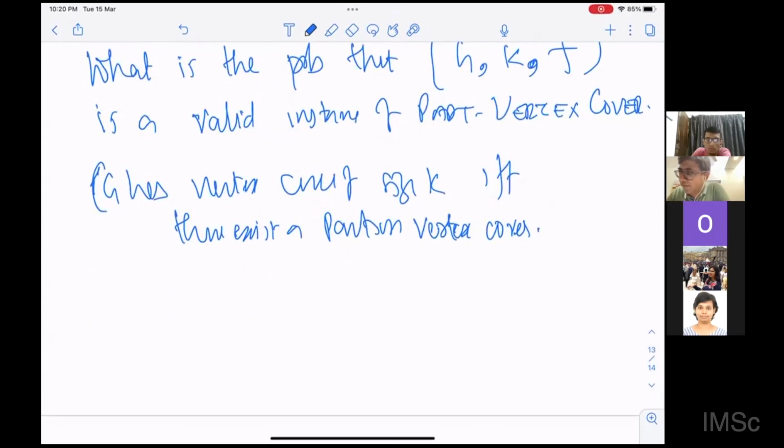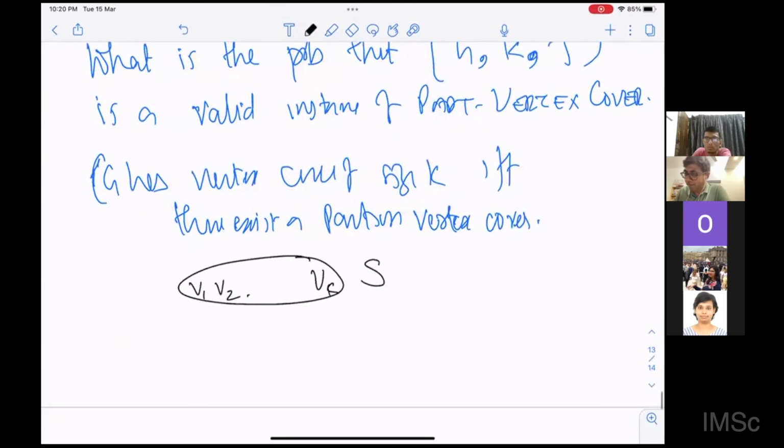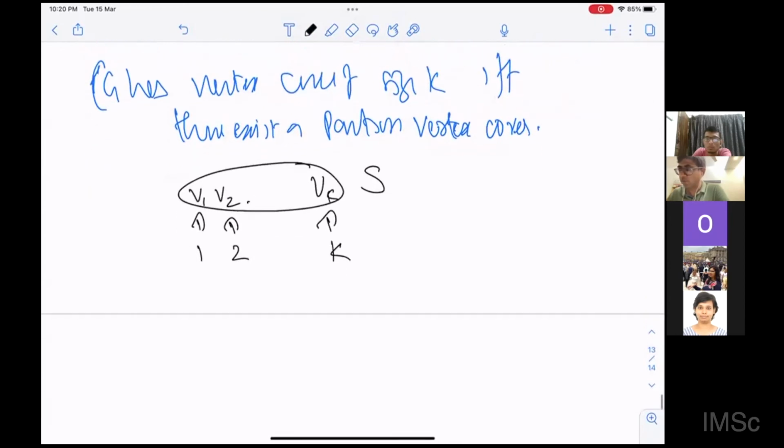So let's fix a set S. This is my set S, which is a vertex cover, say v1, v2, ..., vk. What is the probability that, let's say, v1 has got color 1, v2 has got color 2, and vk has got color k?